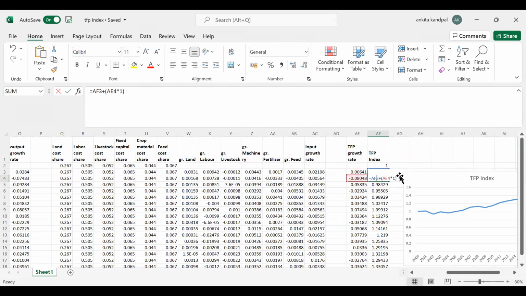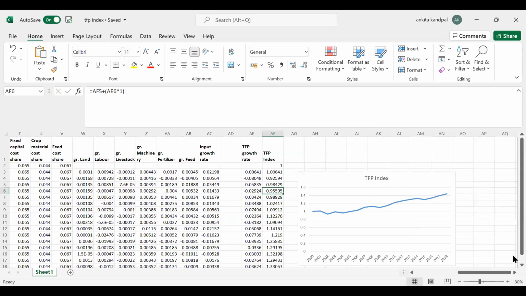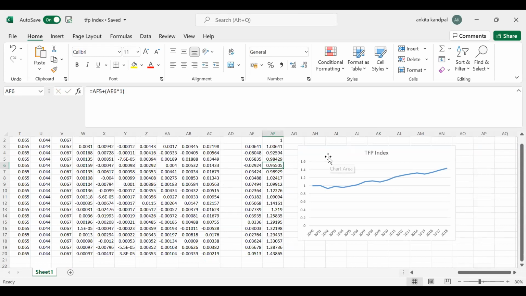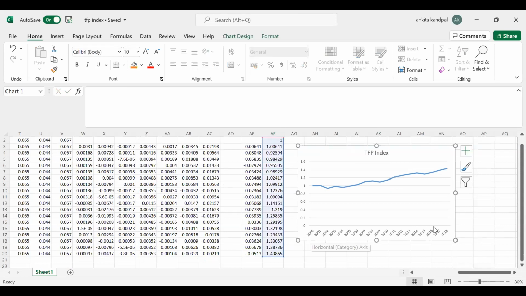Similarly, for 2002, it will be the TFP index of 2001 times 1 plus TFP growth rate in 2002. Same is done for each year. So this is how the TFP index has grown from 2001 to 2018.